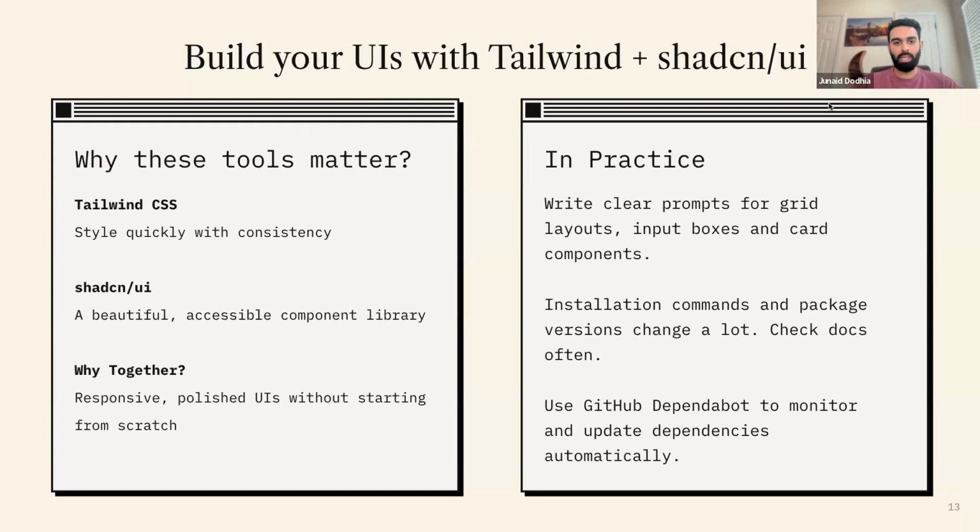It also has integration with your Next.js application and other tools like Framer for motion animation and things like that. shadcn UI is a library which gives you components out of the box so that you can just directly use form inputs or buttons or things like that. And in our case, we've used it for grid layouts and card components. Let me quickly show you what it looks like in our case.